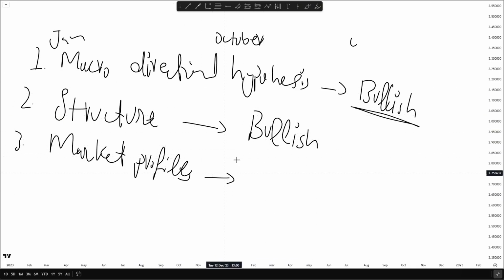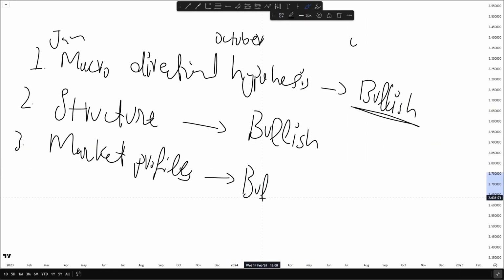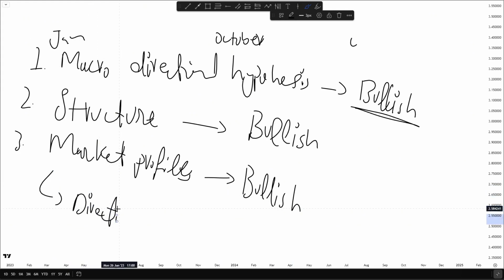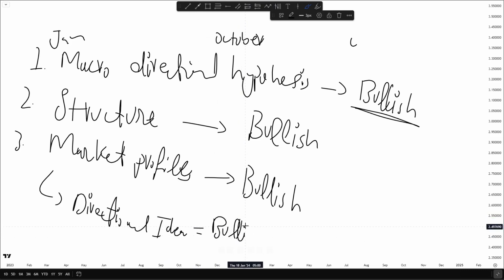And by the end of these three steps, you would have determined that the underlying direction that the market is moving in is bullish, or the directional idea here is bullish. Okay, so your directional idea here would be bullish for price action. And you establish this directional idea by using these three steps.